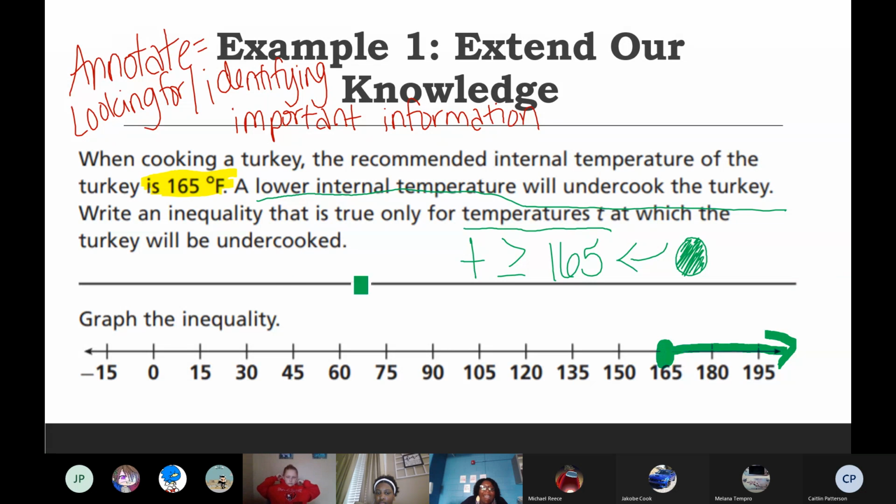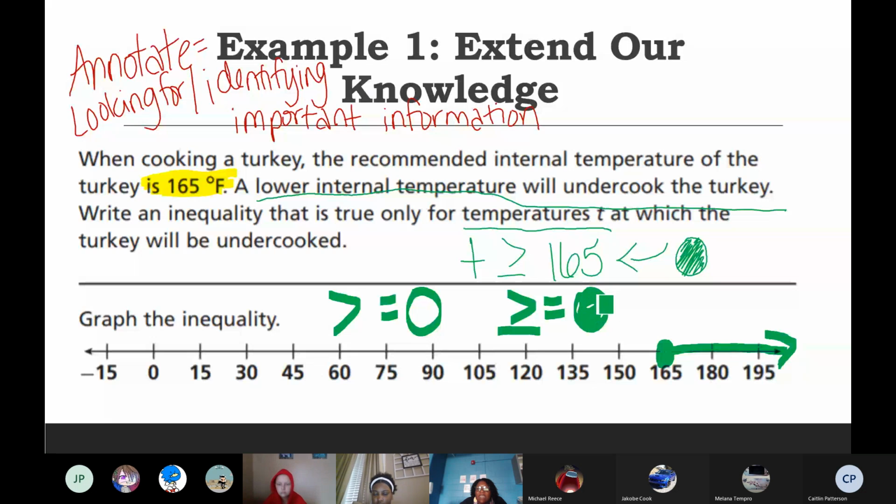We'll write this in our notes. When we just have it like that, we're going to have an open bubble. But when we have it with the or equals to sign, we're going to have a closed in bubble. You may want to write that in your notes.